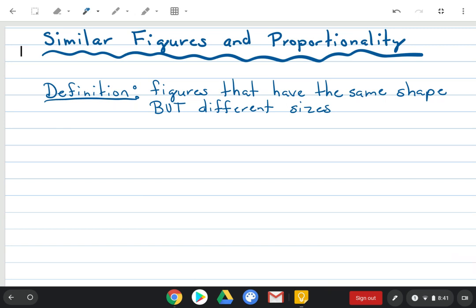And there are two characteristics that we really need to remember about similar figures. And the first characteristic is that corresponding angles are congruent.